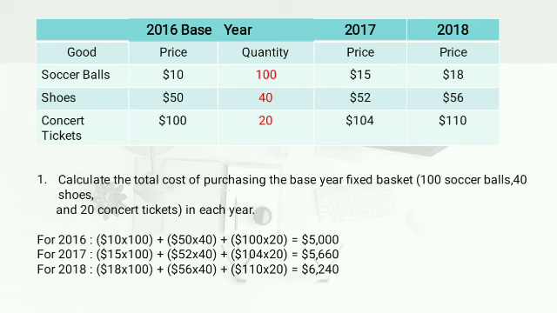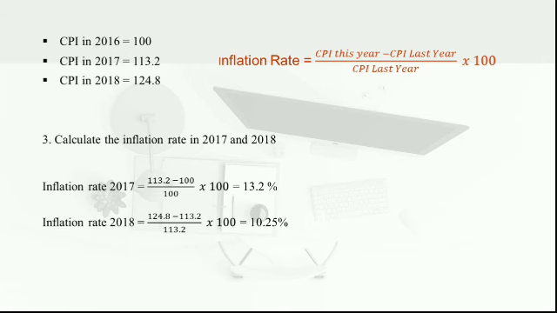So the amount for the base year is $5,000, for 2017 it is $5,660, and for 2018 it is $6,240. Number three is to calculate the inflation rate in 2017 and 2018.